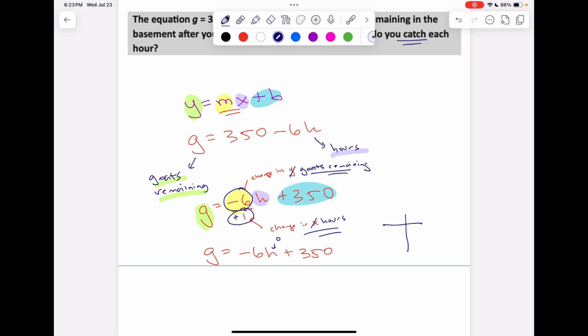Making a little t-chart, if my h is 0, my number of goats remaining is 350. So after 0 hours of work, there are 350 goats in there, meaning before I started working at all, there were 350 goats in the basement. So 350, as we said before, is our y-intercept, our base, our starting amount.